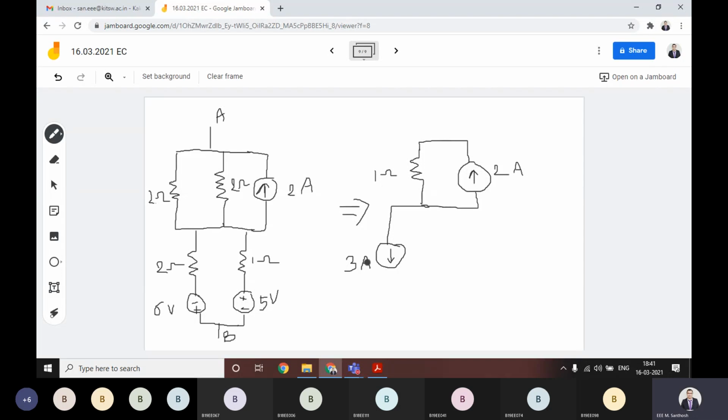That 3 ampere is in parallel with that 2 ohm. Okay. Then 1 ohm, 5 ohm directly will give you how much voltage? 1 ohm in parallel with 5 amperes, right?